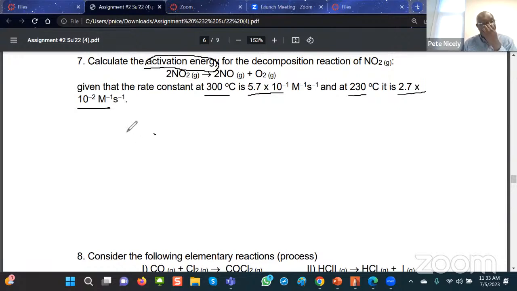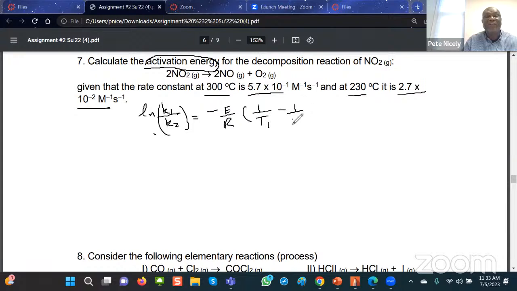So the form of the equation I would use is the one I just talked about, and that is ln K1 over K2 is equal to minus EA over R times 1 over T1 minus 1 over T2.